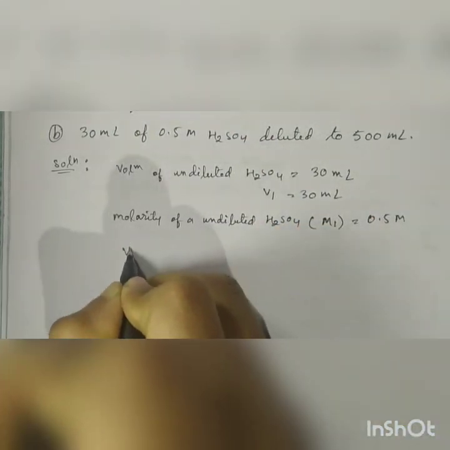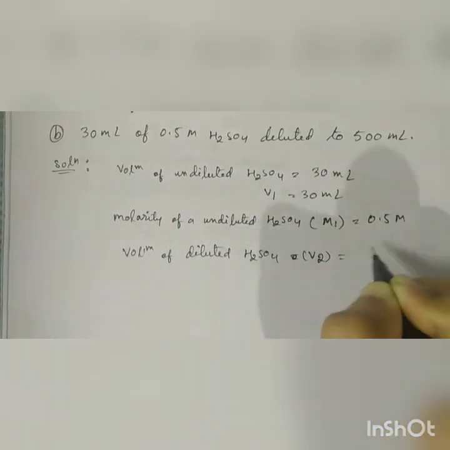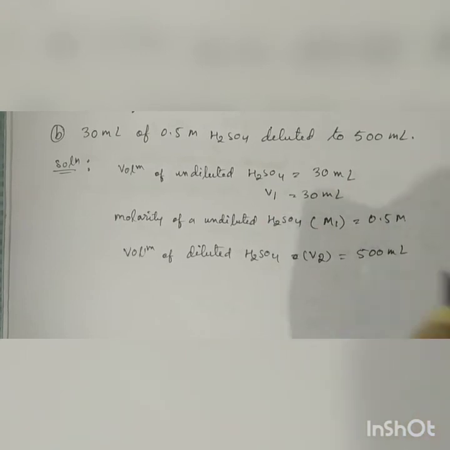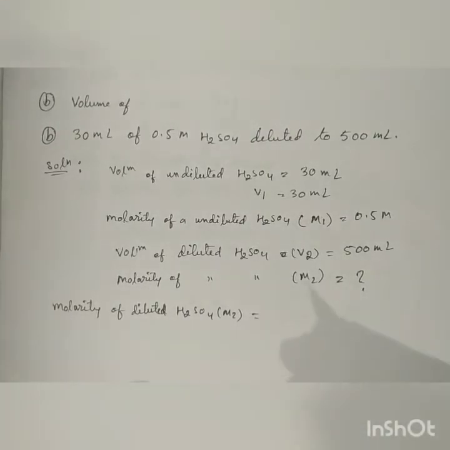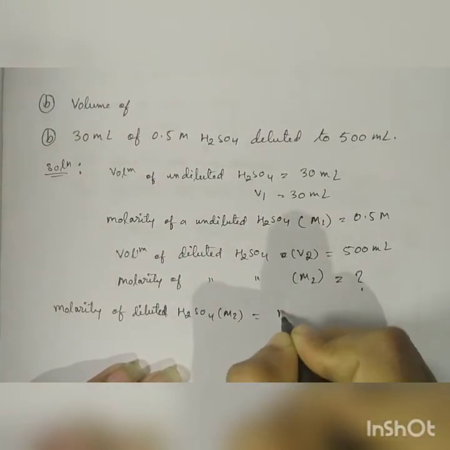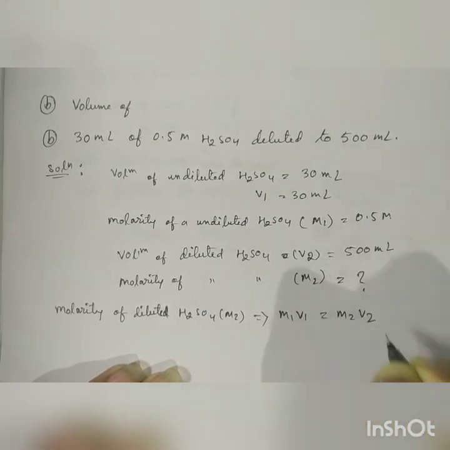The volume of diluted sulfuric acid, the volume of diluted H2SO4, is given as 500 ml. Take this as V2. Now you have to calculate the molarity of diluted H2SO4, that means M2, and the molarity of a diluted solution is calculated as M1V1 equal to M2V2.